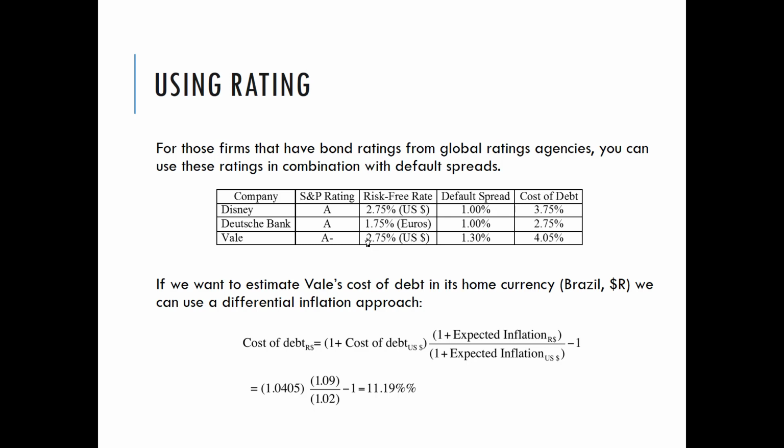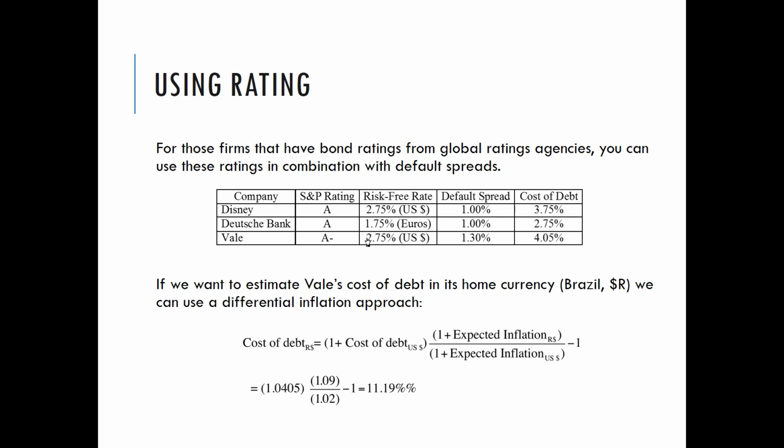So what we essentially do is we take 1 plus the cost of debt in the US, and then we multiply it by 1 plus the expected inflation in Brazil divided by 1 plus the expected inflation in the US, minus 1. So essentially we just plug and play into this formula. It allows us to account for the differences in inflation to figure out what the cost of debt should be in Brazilian currency.